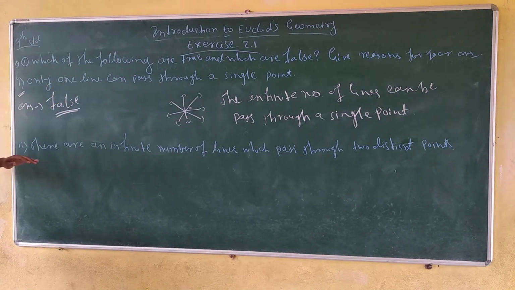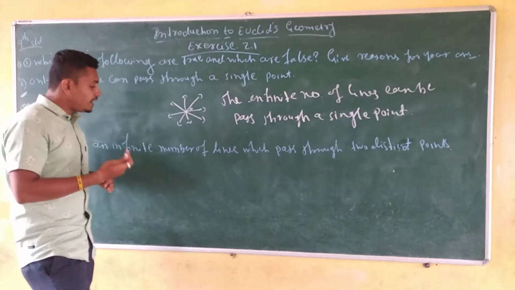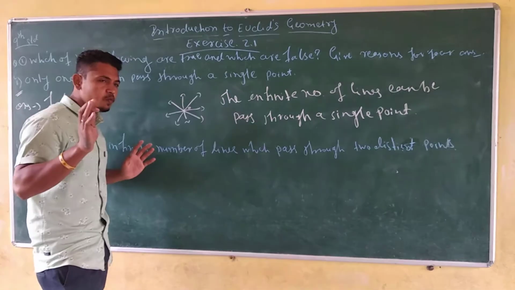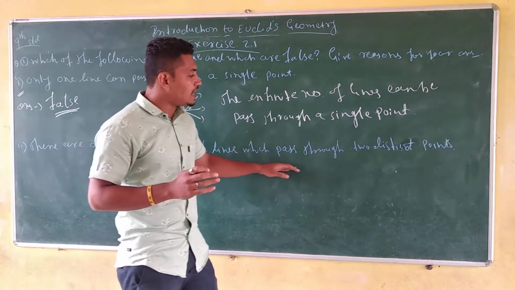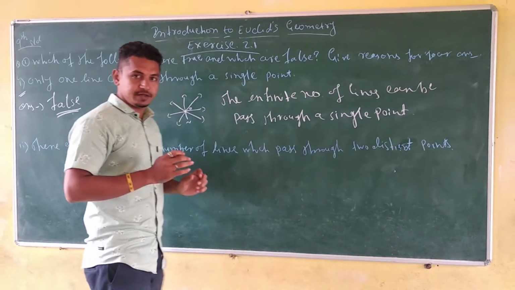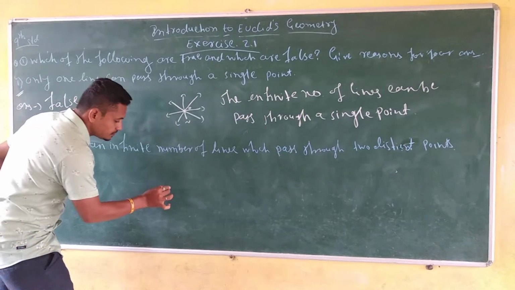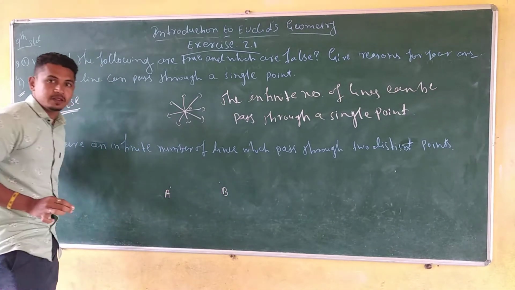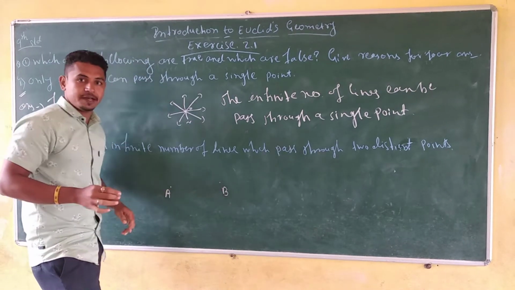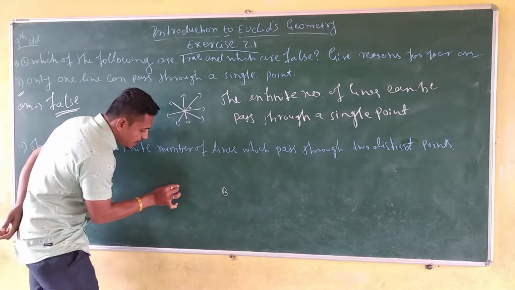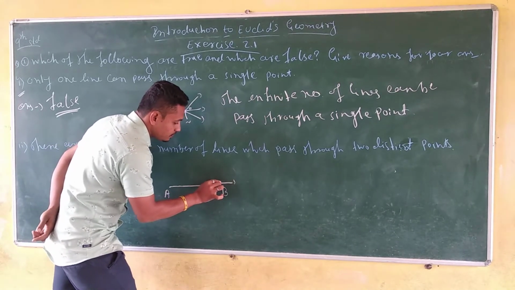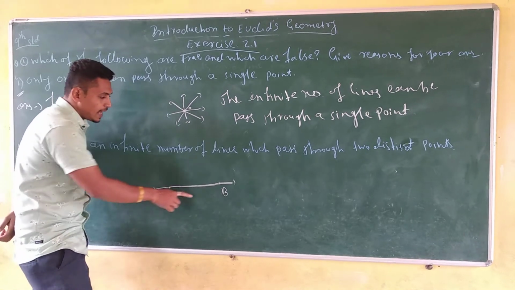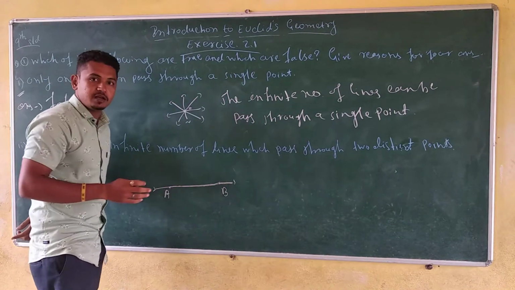Next statement: there are an infinite number of lines which pass through two distinct points. See here, this is point A and this is point B. These are the two distinct points, and one line is passed through these two distinct points.